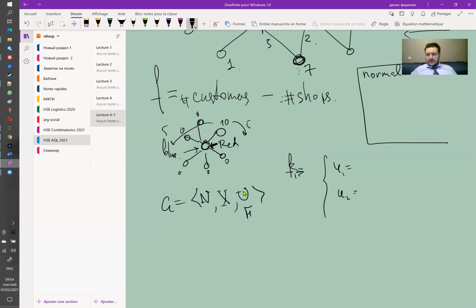Okay. So for the first agent, for the first player, we have a special condition here. So it's the utility, and there is a special term that is called best response. It means that this function should show the best choice, the best strategy for agent i, if we are given all the strategies except this specific strategy of this agent.